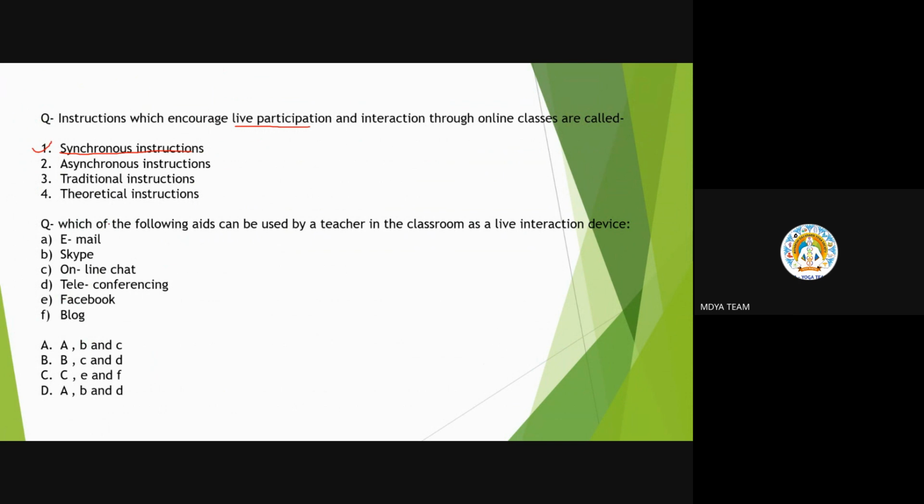Next question. Which of the following aids can be used by a teacher in the classroom as a live interaction device? Like, using which of the following aids can live interaction be done?